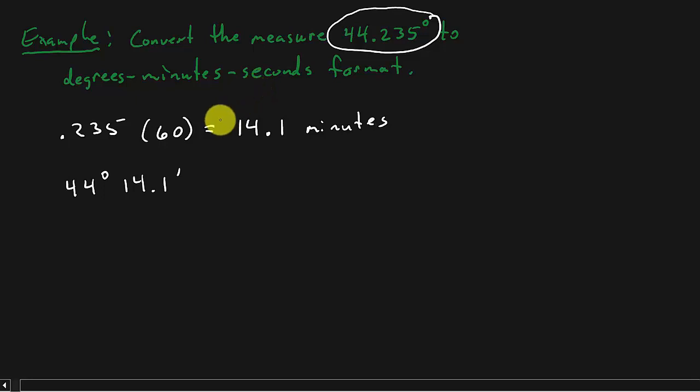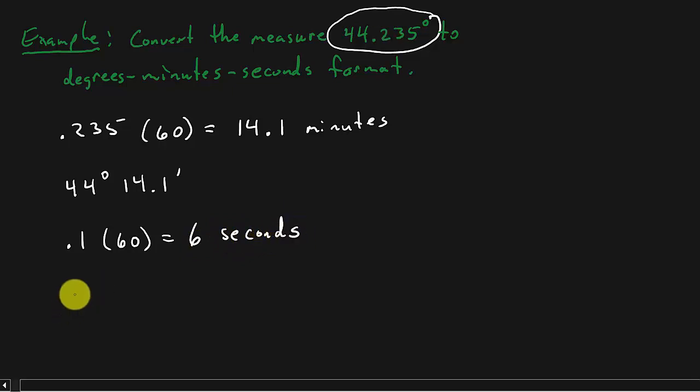I've got it converted to degrees, minutes, but they want degrees, minutes, seconds. So what I do now is take this decimal on the minutes, the 0.1, and convert that to seconds. Now remember, this is minutes, so to go from minutes to seconds, we multiply by 60, and that equals 6. And remember, that is seconds.